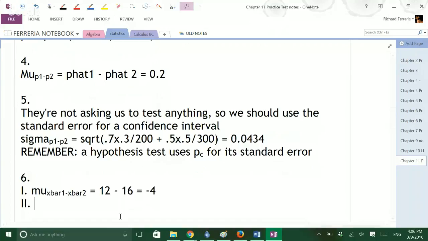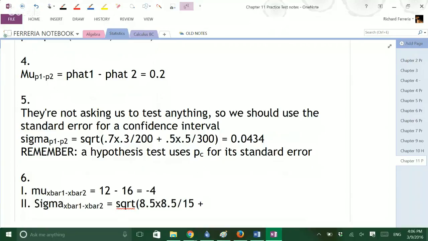2. We have sigma equal to the square root of, was that 8.5? Divided by 15.